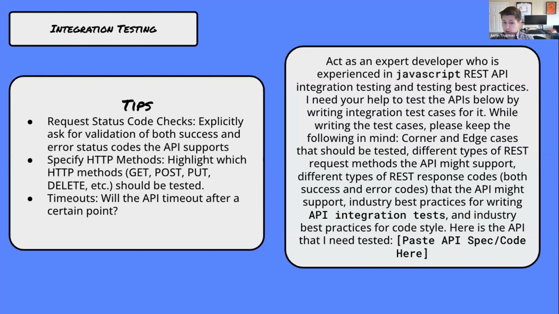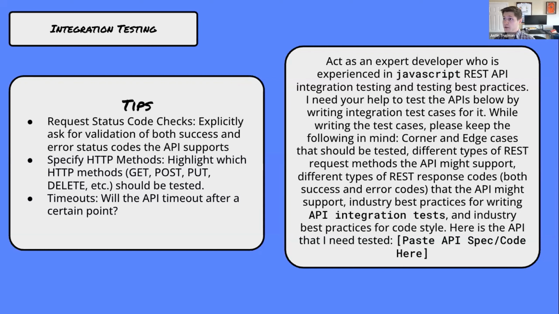As well as the industry best practices for code style, which we talked about. If you are abiding by a certain code style for your team, include that one in there, because most likely the model is probably trained on it. And then you put in the code or the spec for the API that you want tested.